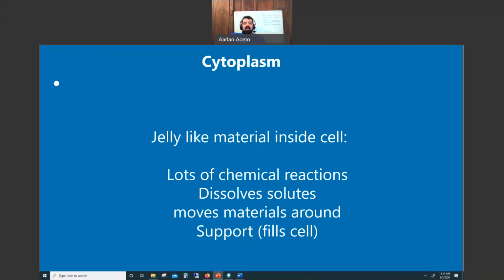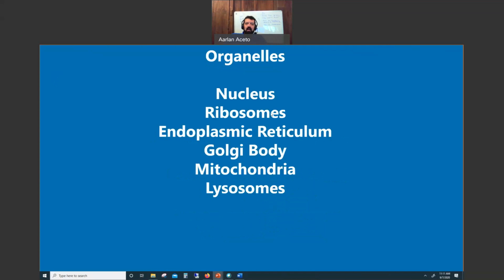It's like a big city in there. Each cell is like its own fancy city with so much going on at all times. It's actually sort of cool. The organelles that I'm interested in are the nucleus, the ribosomes, the ER, smooth and rough, Golgi bodies, mitochondria, and lysosomes.